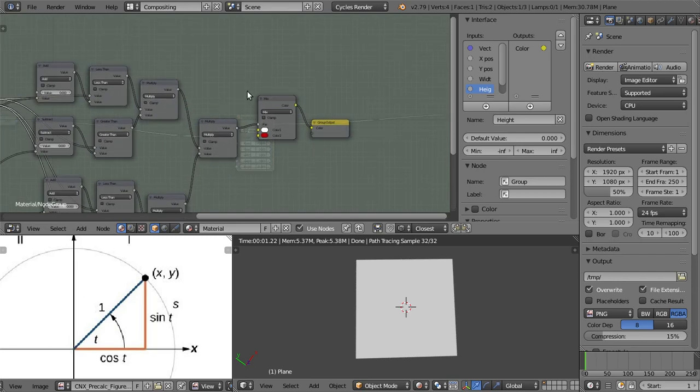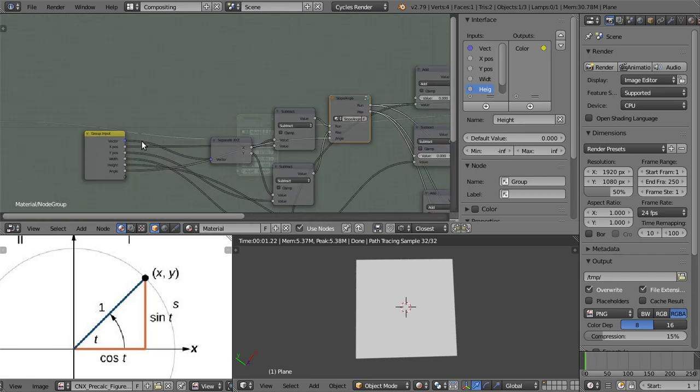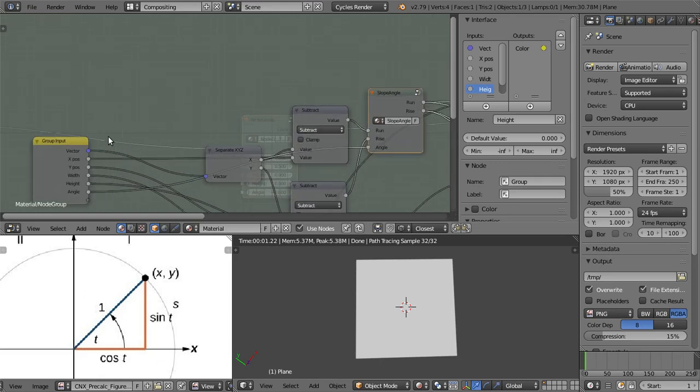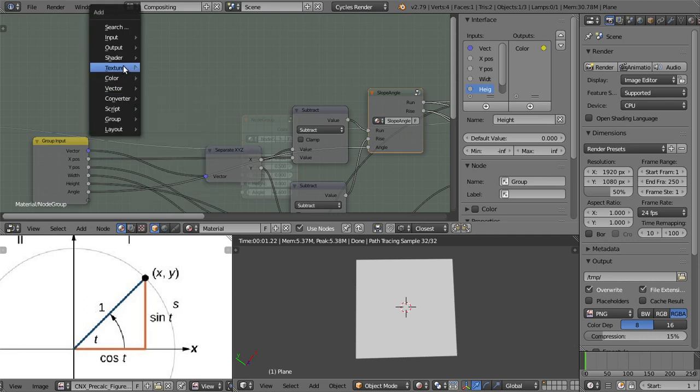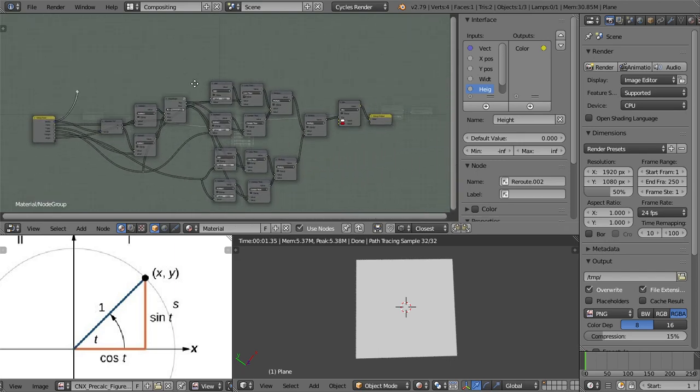On here, we want to bypass the vector, so add a layout, reroute, and over here.